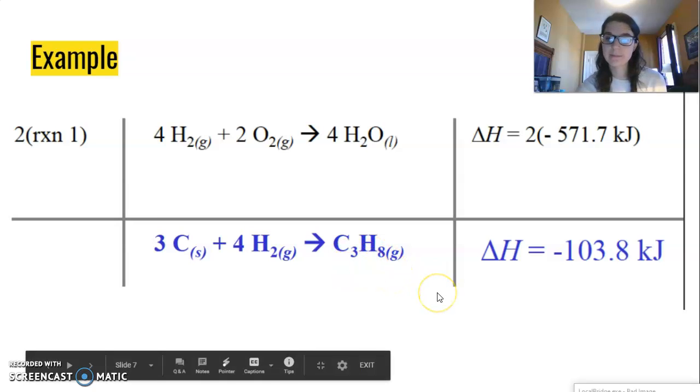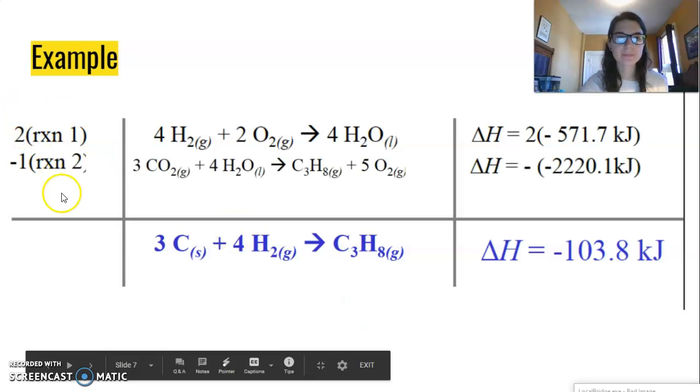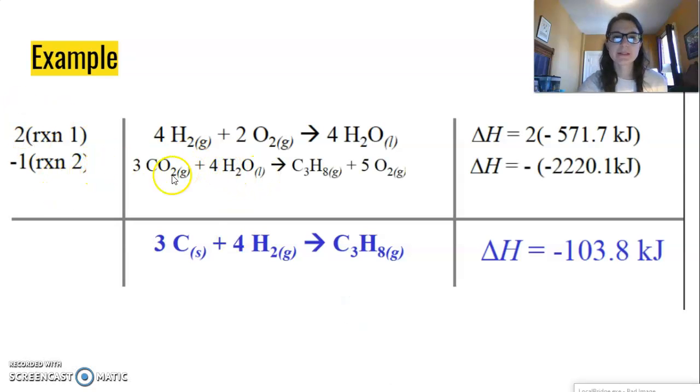It's 1 for both of them, so I do not need to multiply by any given number. All I need to do is flip. So I'm going to multiply reaction number 2 basically by -1. That flips this reaction to get C3H8 on the product side. And then I will also have to flip the sign of my delta H, which originally was exothermic with a negative delta H. Now it's going to be endothermic because -1 times negative is going to be positive.